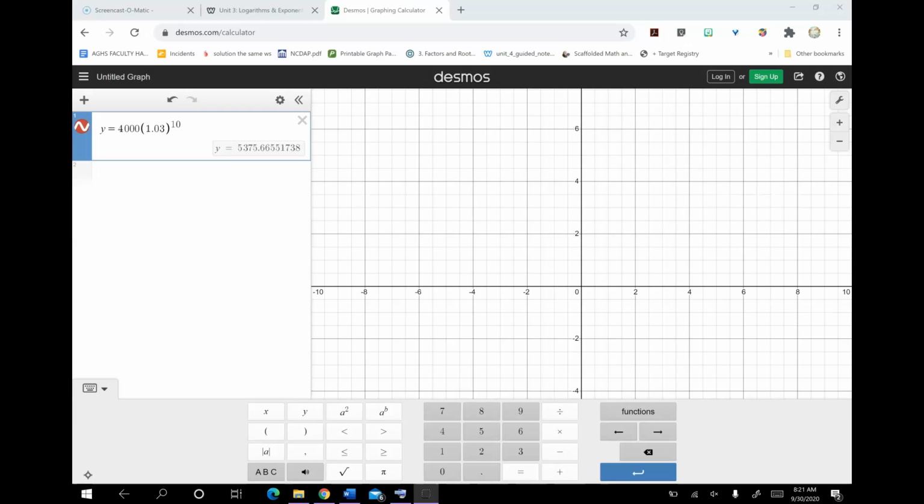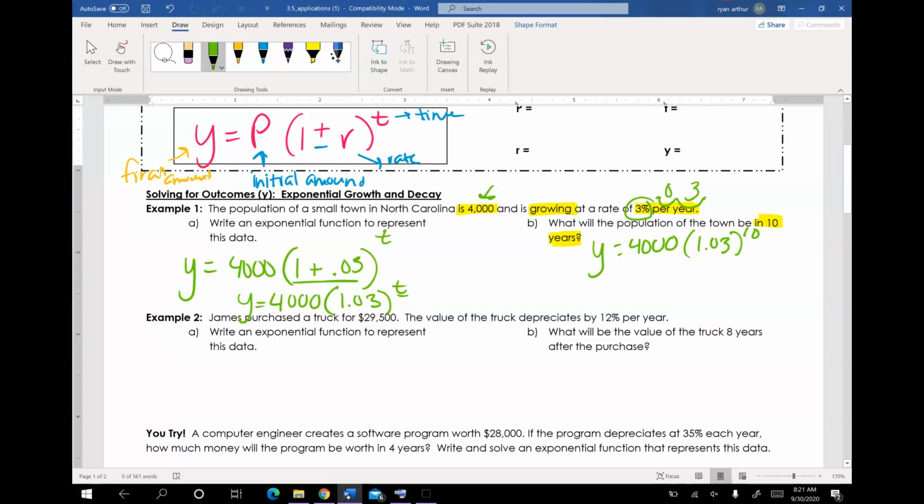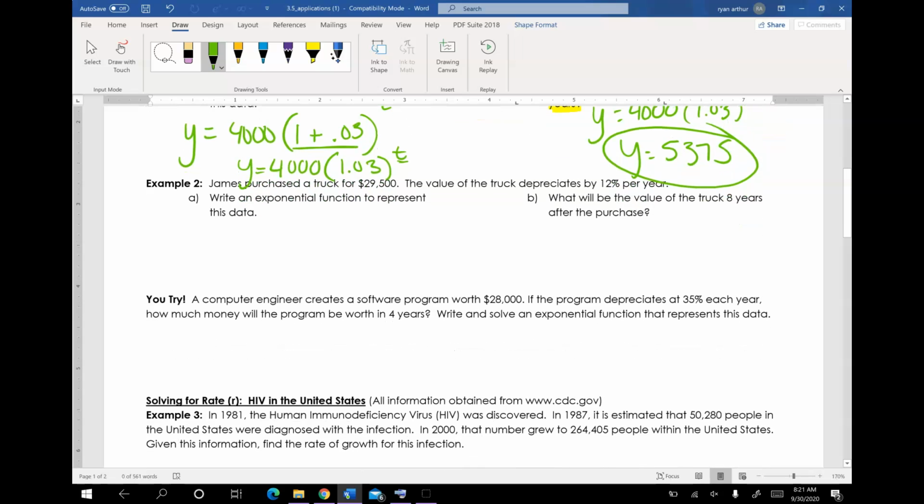Now it's people, and you can't round up a person. Now, if Delta Math or something like that tells you to round up, then round up. But logically speaking, you can't round a person up. So it's just going to be 5375. So y will equal 5375.